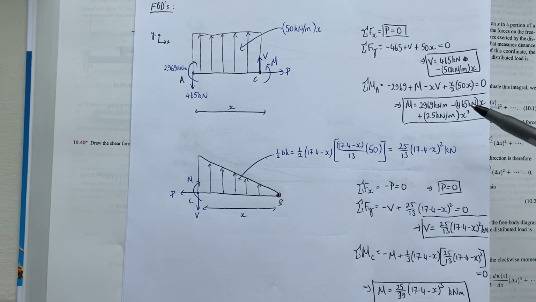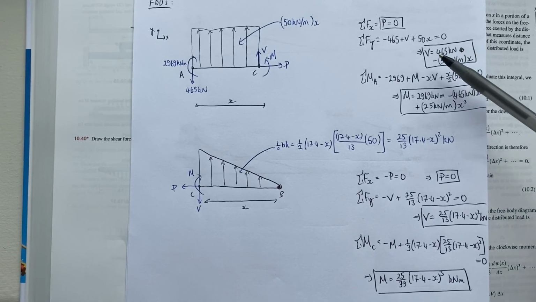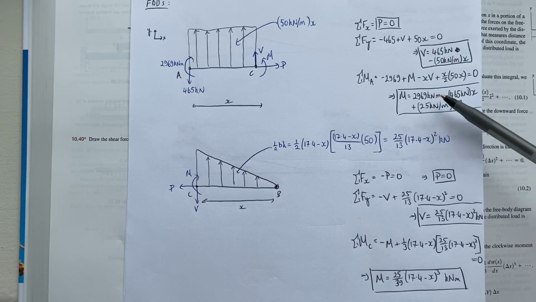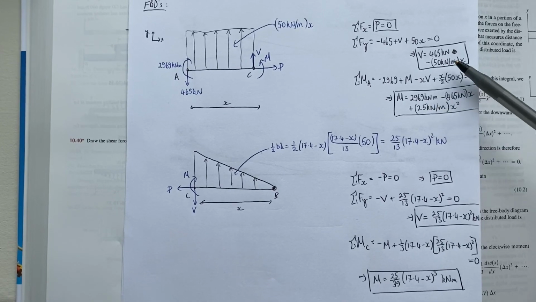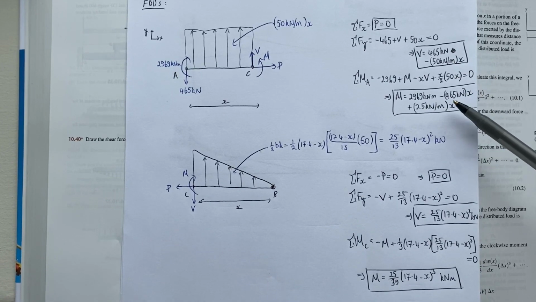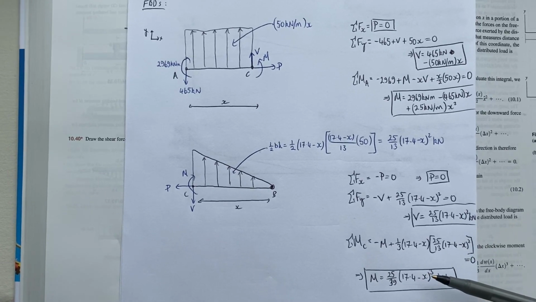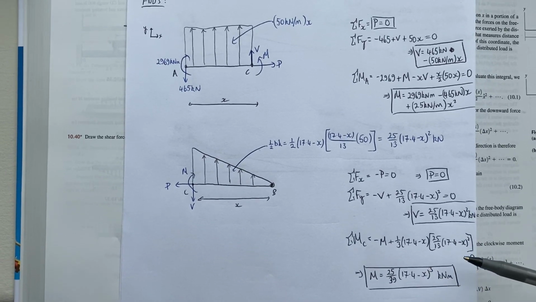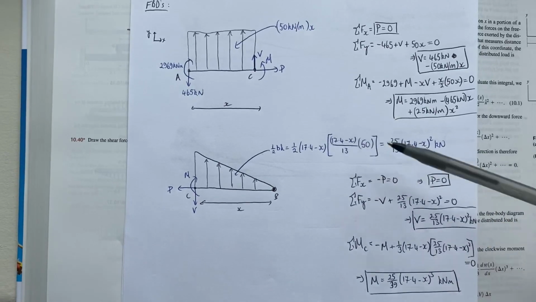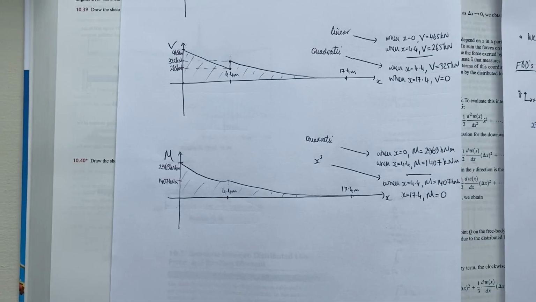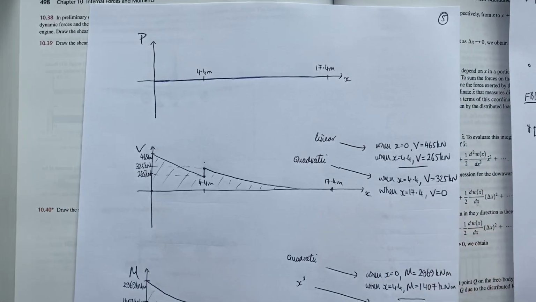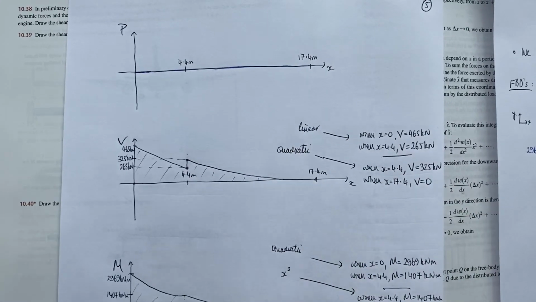So again, what we do is we just take note of what the shapes of the lines are going to look like. So linear, so straight line, quadratic, quadratic, cubic, and we just plug in some values, right? So the axial force, as we said, was always 0, so that's an easy one to draw.